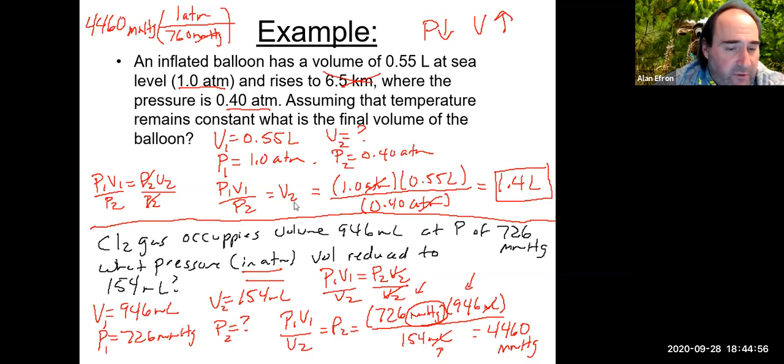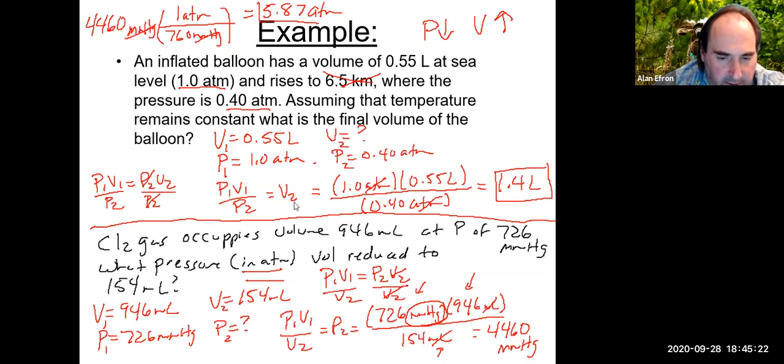Again, that's the conversion we saw earlier. So we're going to divide it by 760. That gets us something like 5.87 atmospheres, since I really didn't round in my calculations. 5.87 atmospheres would be our answer here.